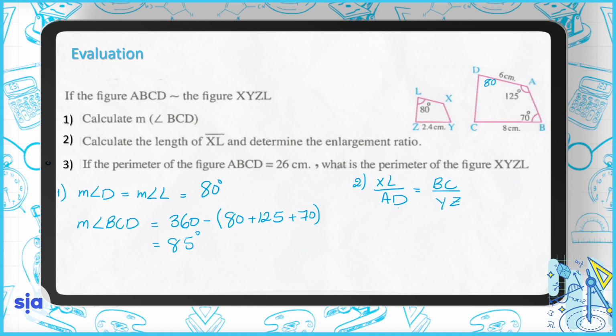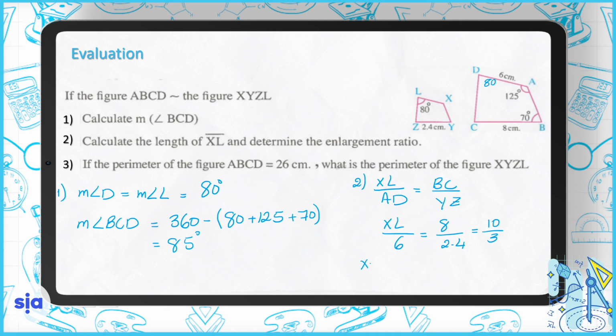If you substitute the values, you will see that XL, the unknown, over AD, which is 6, equals BC, which is 8, divided by YZ, which is 2.4, which is 10 over 3 if you want to simplify this ratio. So in this case, the scale factor is 10 over 3.